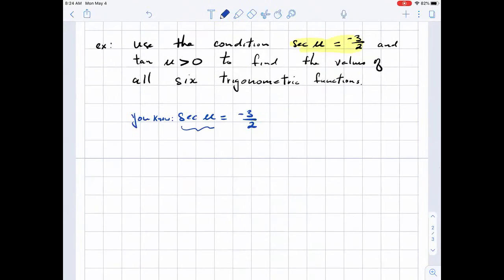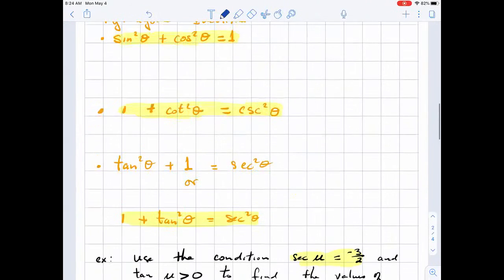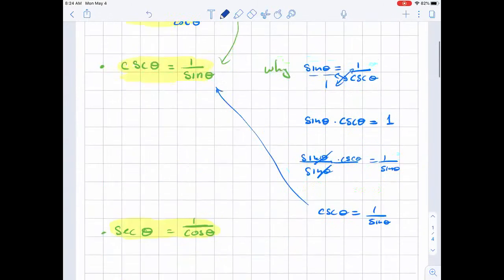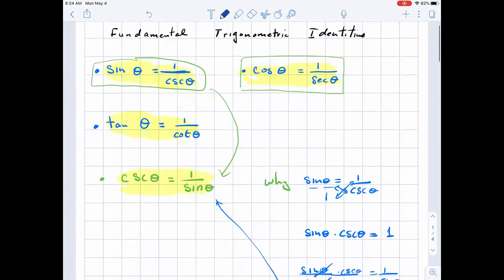The cosine, right? Because cosine of u is 1 over secant u, isn't it? Yes.